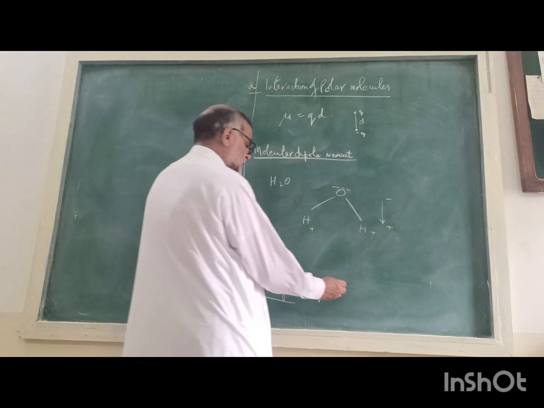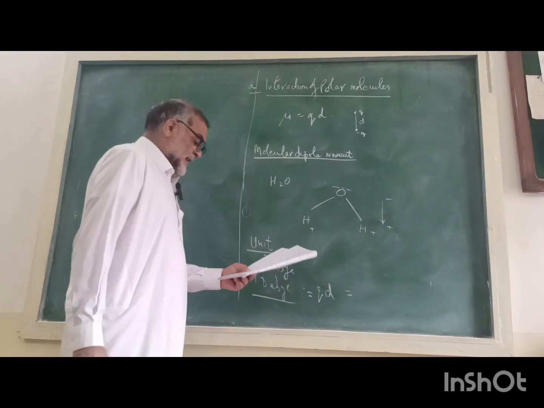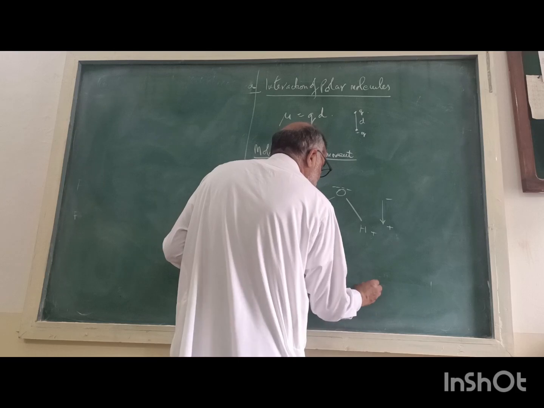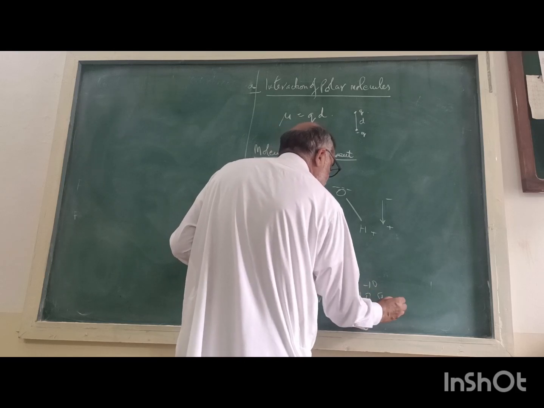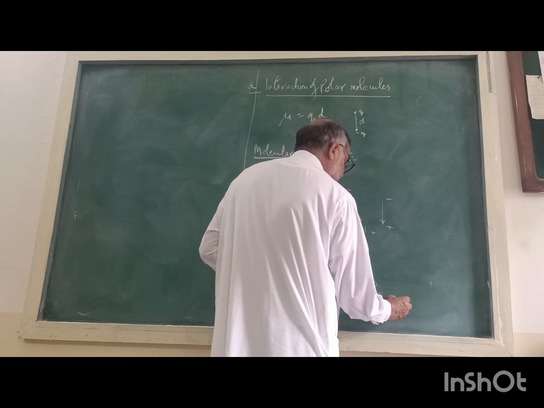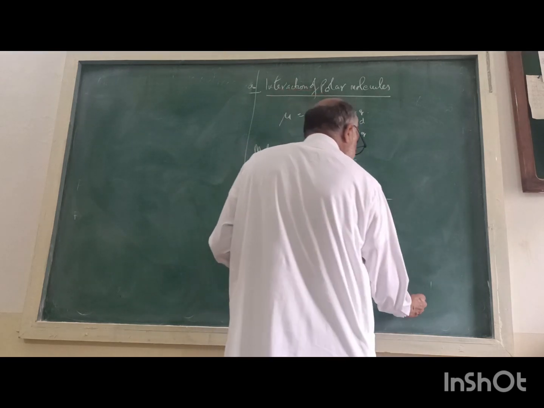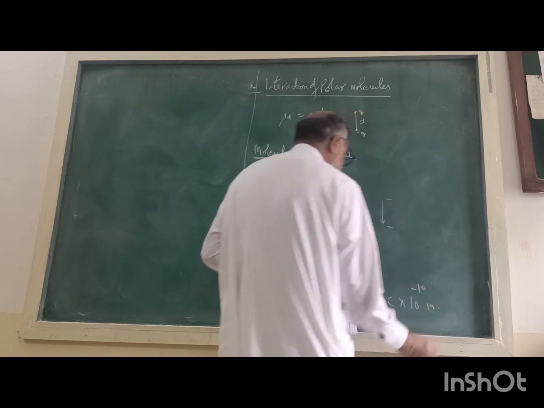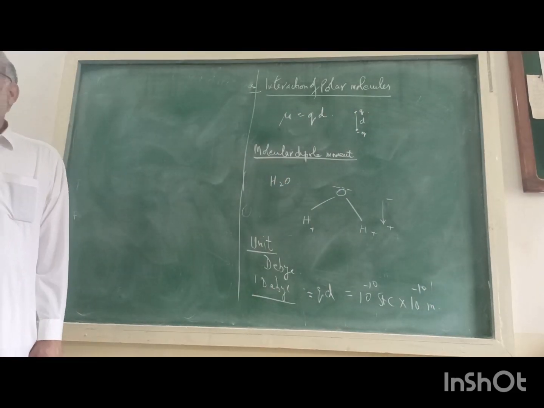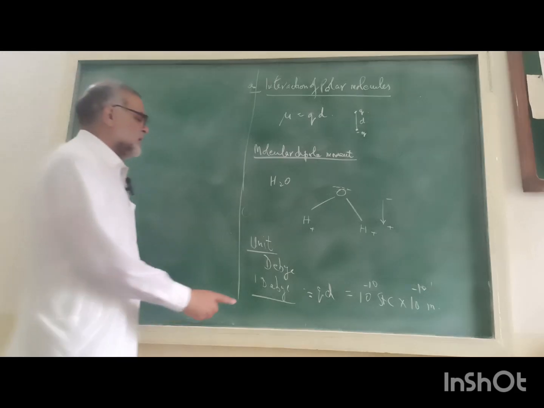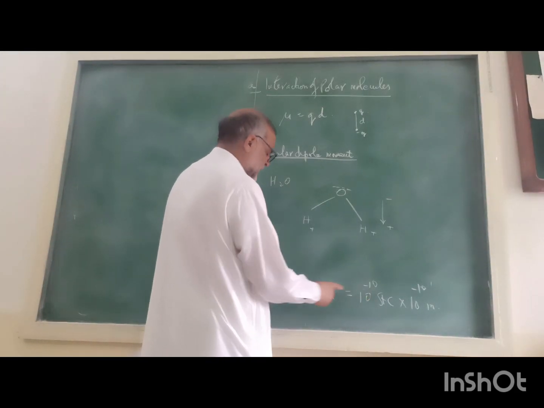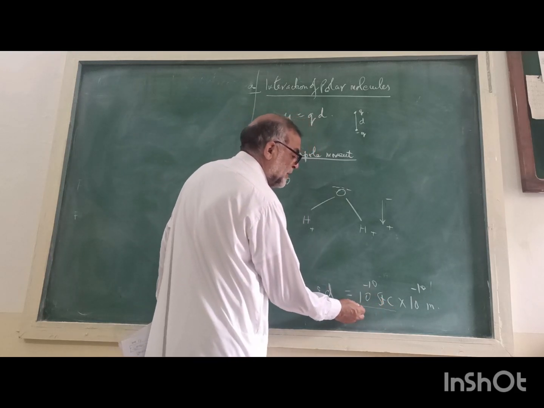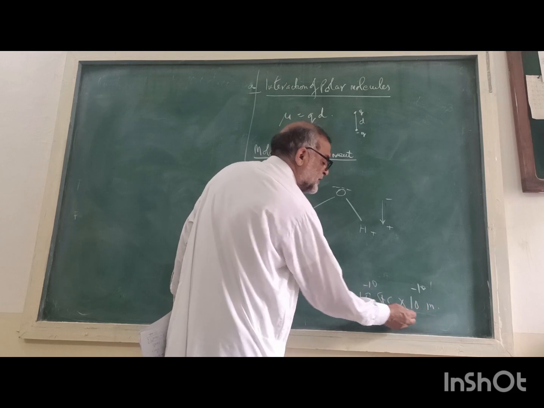So how much charge? For 1 debye, the charge is 10 to the power minus 10 statcoulomb, and the separation is 1 angstrom. 1 debye is the electric dipole moment of charges of 1 statcoulomb each, separated by 1 angstrom.